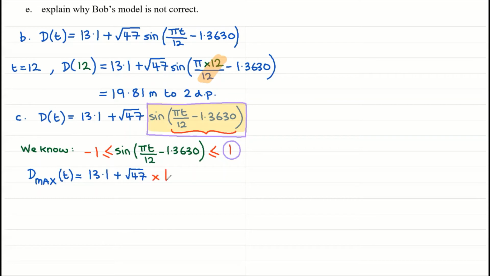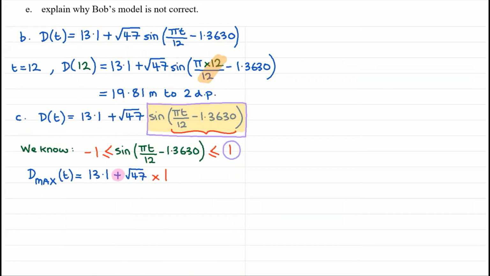Now we've seen an instance where you don't put 1 in, where it's -1, but that depends on whether there is a subtraction in this part. Because that's an addition, I'm maximizing it by multiplying by 1. If I wanted to minimize it, I would multiply the root 47 by -1, and then you would be subtracting root 47.